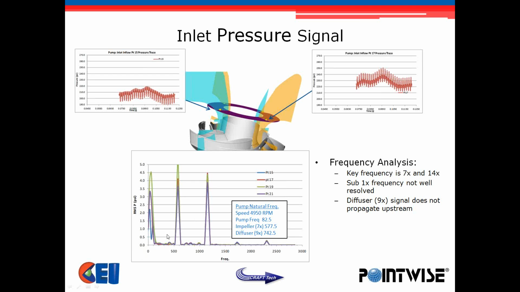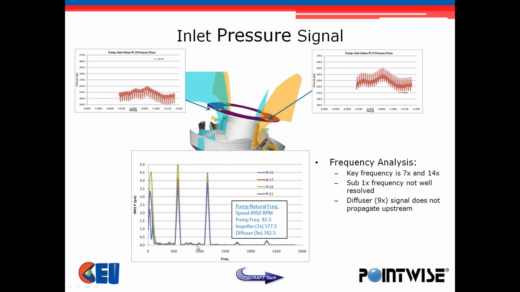Basically, what we have is the pump frequency, the revolutions per second, as this first tone. The 7 times that is the blade passage frequency of the impeller, and you can see that is the dominant tone showing up upstream of the impeller. And then there's a harmonic at twice that value.